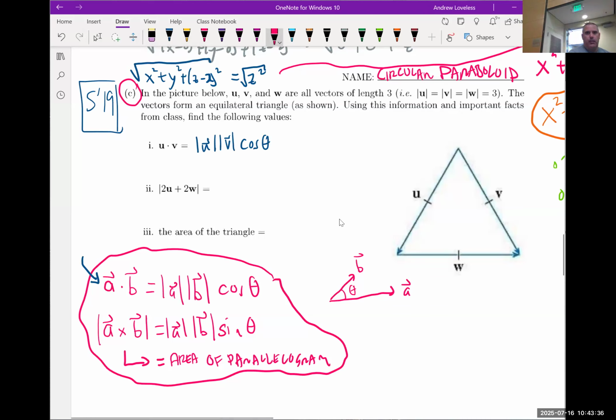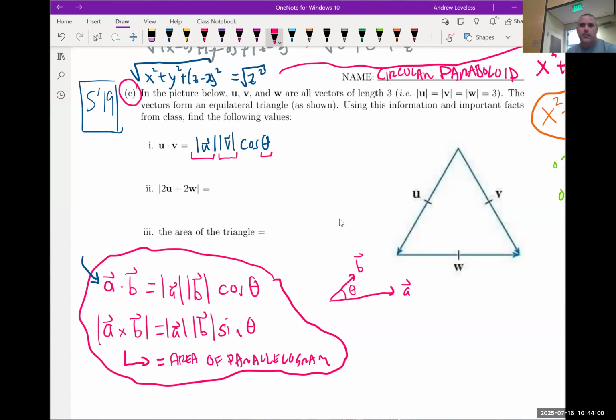But in order to use that, I would need to know the length of U, the length of V, and the angle between them, if they're drawn tail to tail. That's really what that question was about: based on the information, we know the lengths of the two vectors and the angle between them. What are the lengths? 3, it was hiding up at the top. And what's the angle between them if you draw them tail to tail?